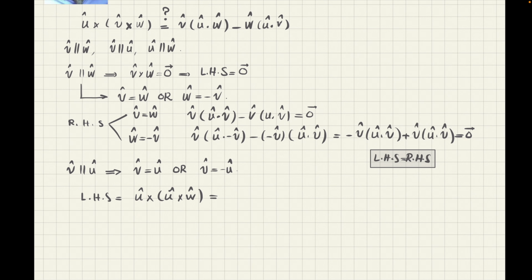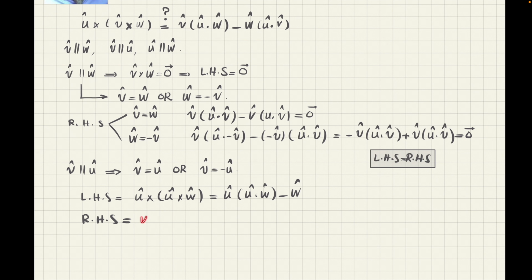But this becomes the previous special case in which these two vectors are the same. So I can apply the BAC-CAB rule for this special case as we showed earlier. So this becomes U dot W minus W. Yes, so that would be my left-hand side. But if I go and calculate the right-hand side for this, here I replace V with U everywhere.